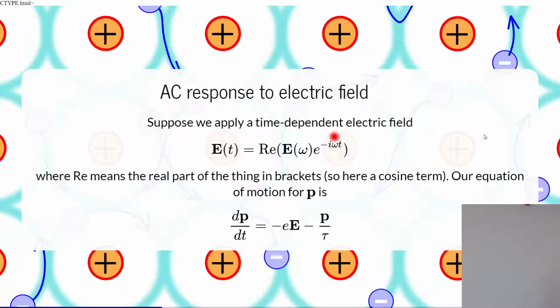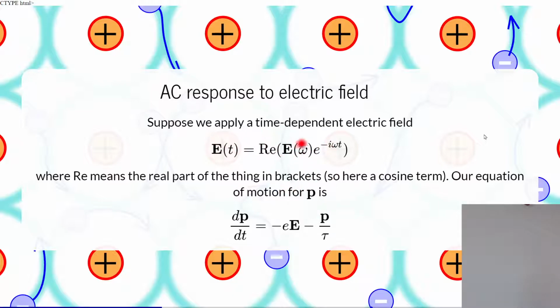If you remember the De Moivre relationship, that a complex exponential is equal to cos x plus i sin x, the real part of this is equal to some number times cos omega t.